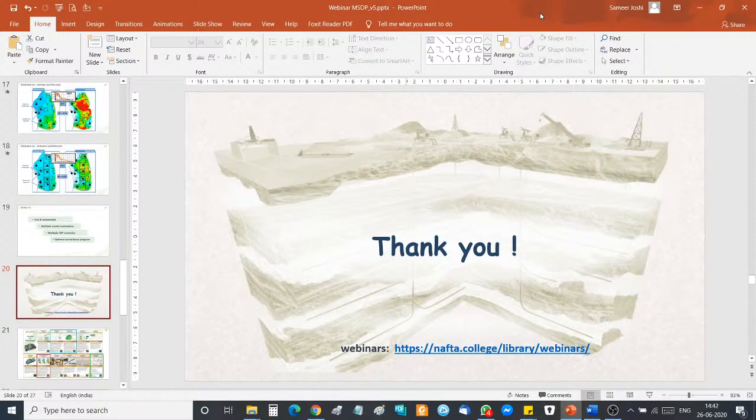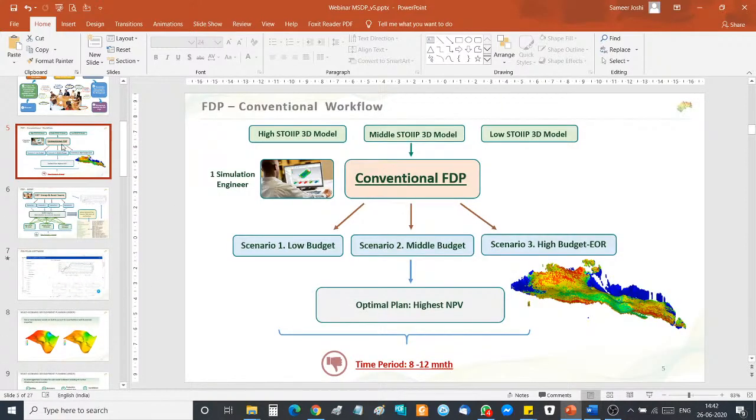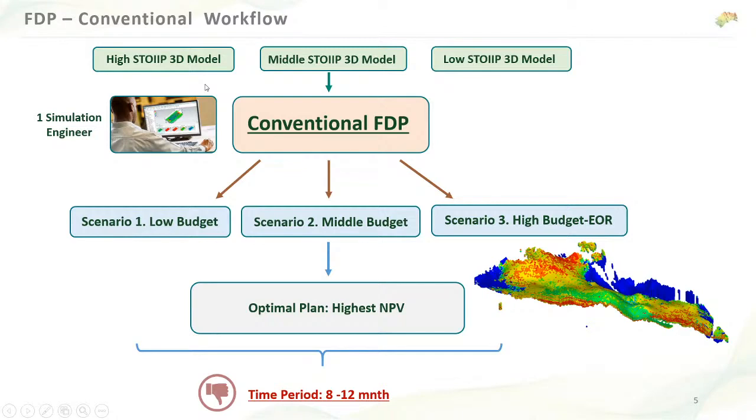Okay, so there's a question: what are the key differences between conventional FDP creating and with Polyplan? So basically, you can see that in conventional FDP, let me just go back to that slide. You will have, let's say, three models: the high STOIP, the middle STOIP, and the low STOIP.